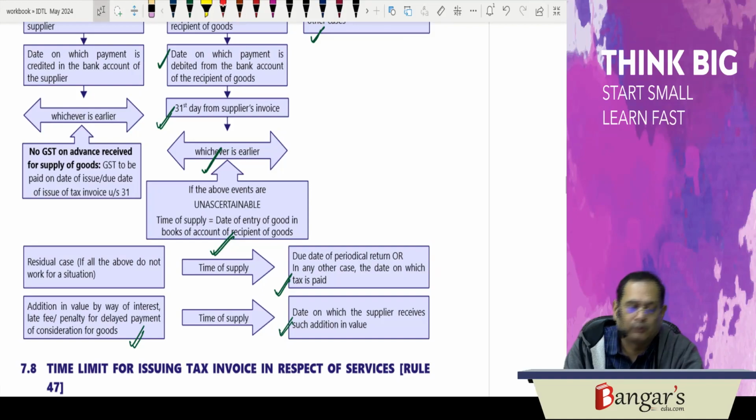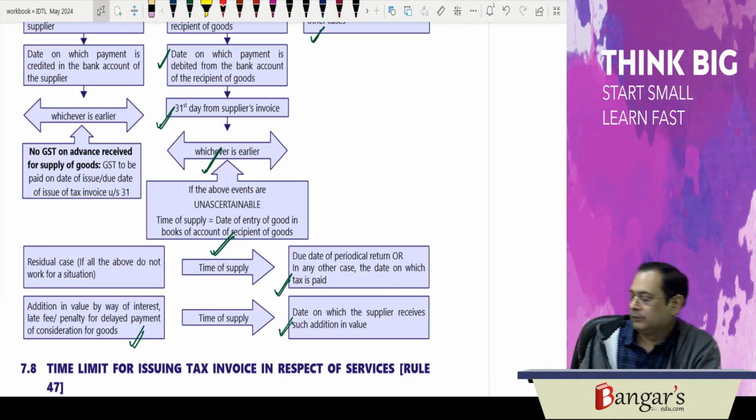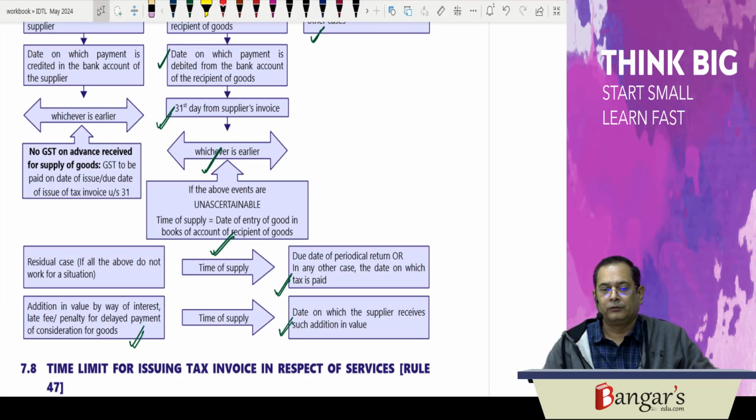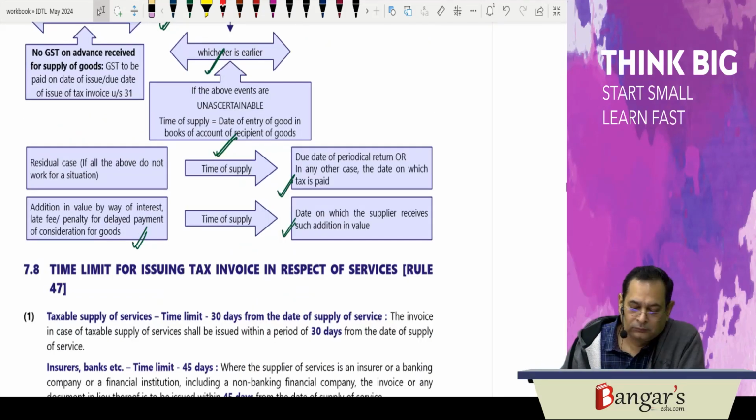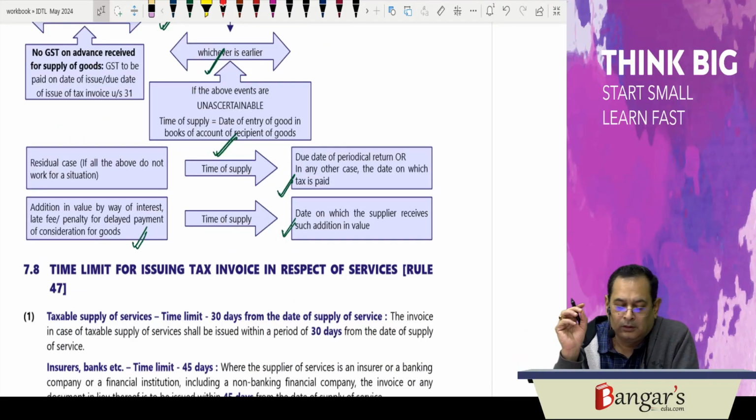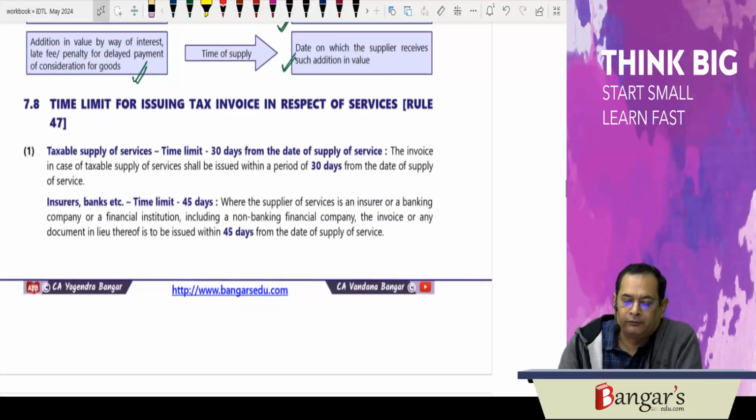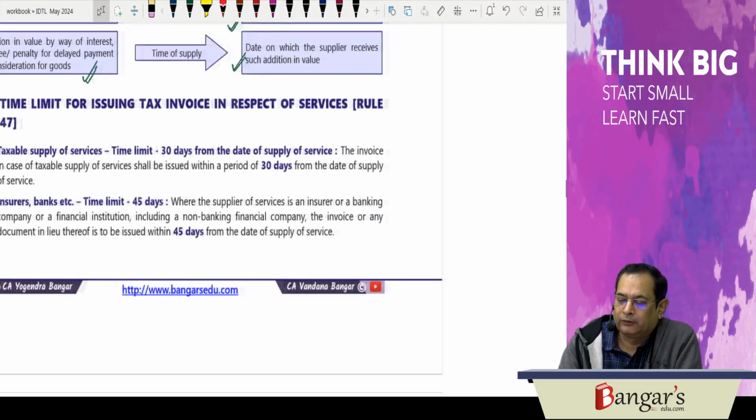So this was all about how you will be determining the time of supply in respect of goods. Now we will be determining the time of supply in respect of services.